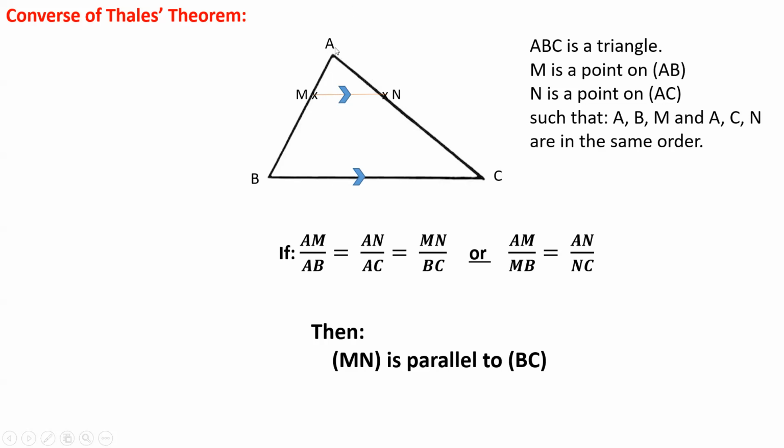Then I calculate AN over AC and I get a ratio. If AM over AB is equal to AN over AC, then the two lines MN and BC are parallel.